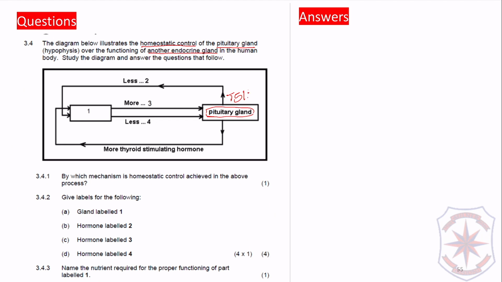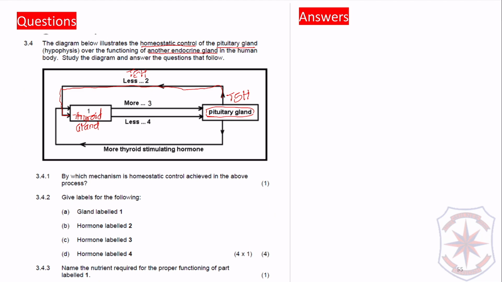Less of it will go to which gland? It means this gland is the thyroid gland. So hormone number 2, like we said, is TSH.